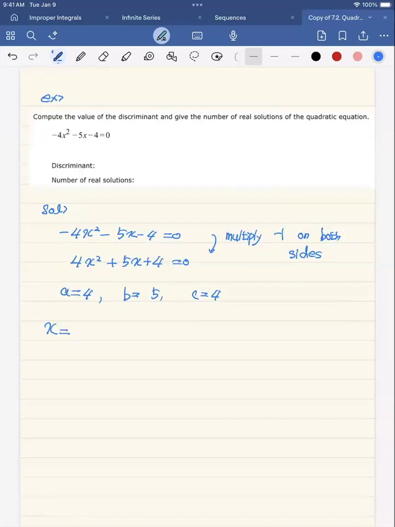In the next problem, we have to compute the value of the discriminant and give the number of real solutions of the quadratic equation. Let me remind you of the quadratic formula again. That is minus b plus or minus square root of b squared minus 4ac over 2a.